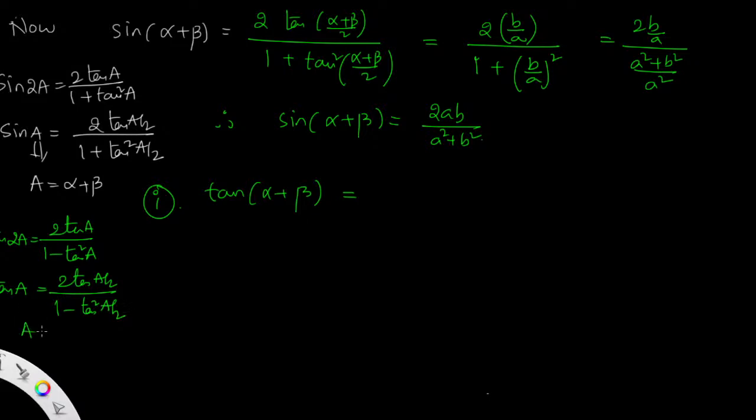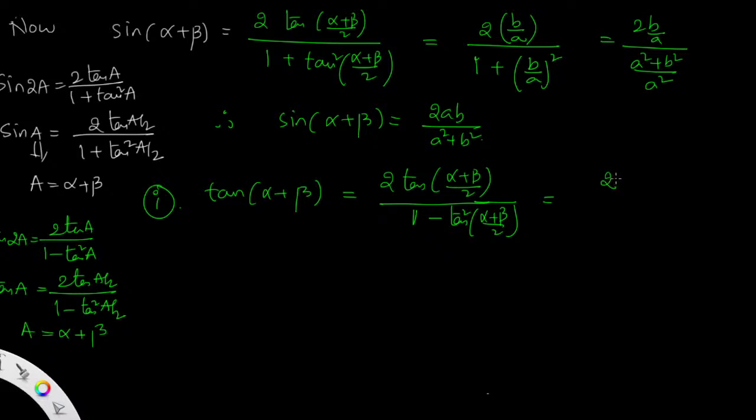So in the place of a we write alpha plus beta. That is 2 tan of (alpha plus beta)/2 divided by 1 minus tan square of (alpha plus beta)/2, which is equal to 2b by a by 1 minus b square by a square, which is equal to 2ab by (a square minus b square).